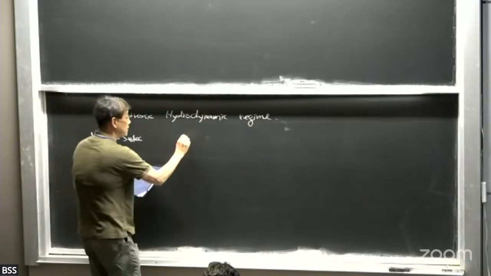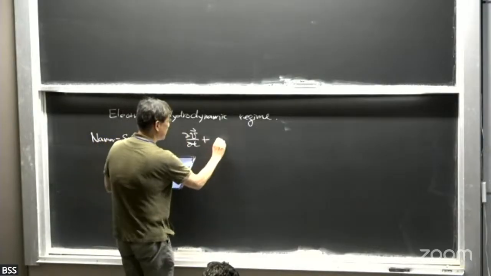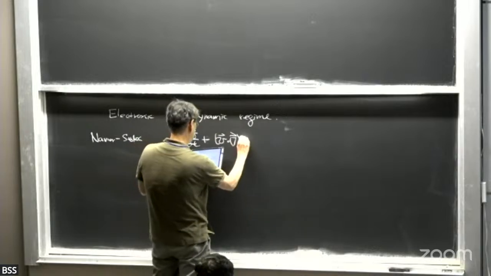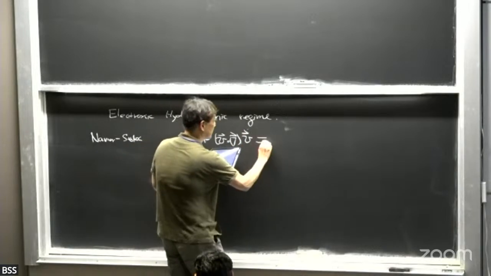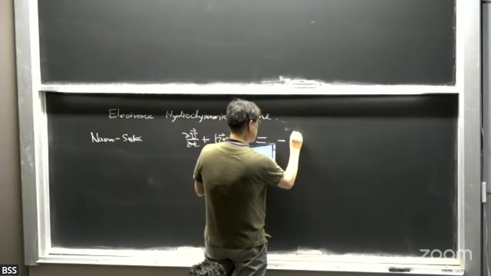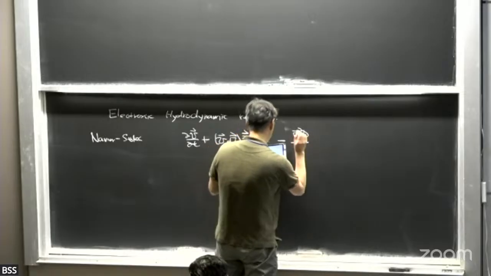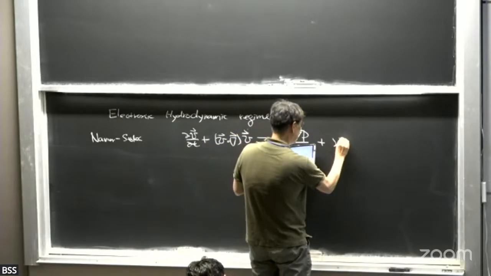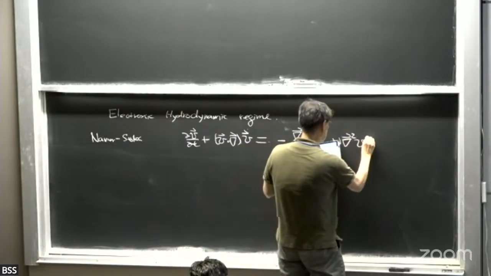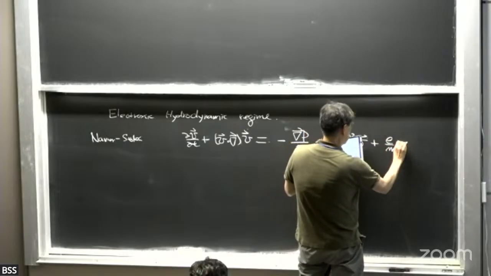If I look at the Navier-Stokes equation in some simplified version, I can write down dV/dt on one side, and on the other side I have the pressure gradient divided by rho mass, plus nu times the Laplacian of V, plus now e over m times the gradient of phi.